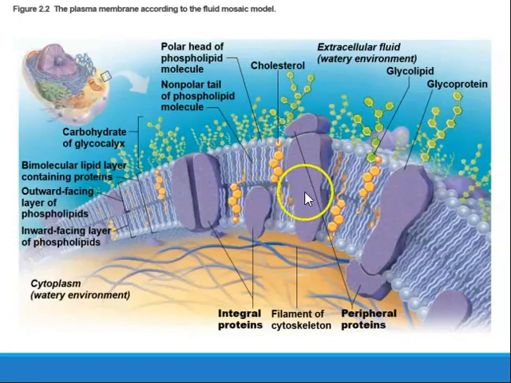And again, there are 2 layers to the plasma membrane of phospholipids, making up the membrane of the cell. So the polar head is hydrophilic, where the nonpolar tail is hydrophobic.